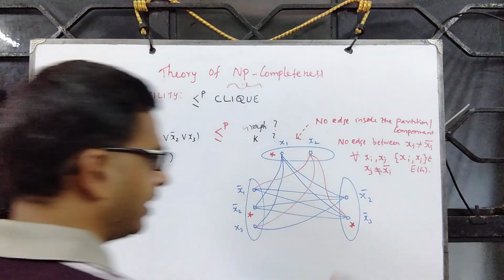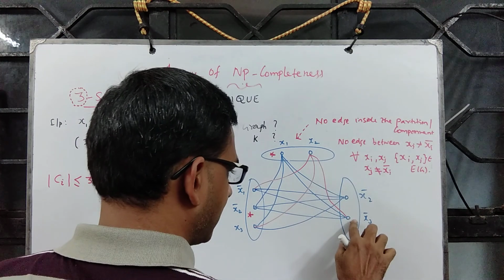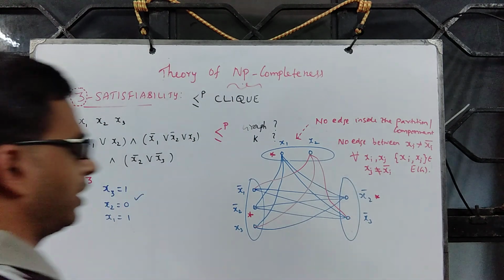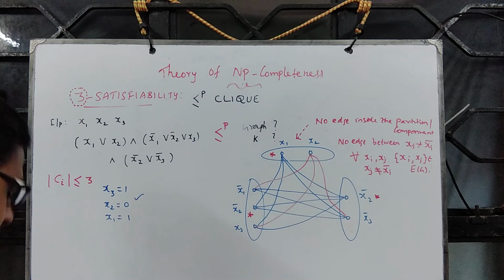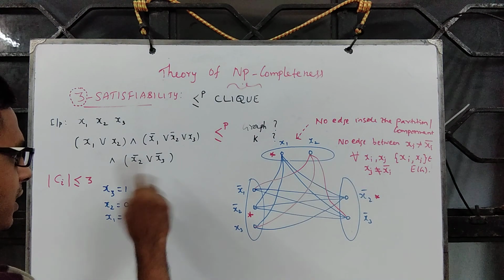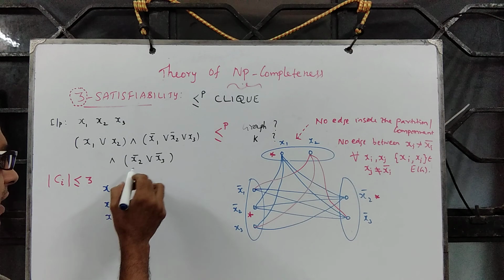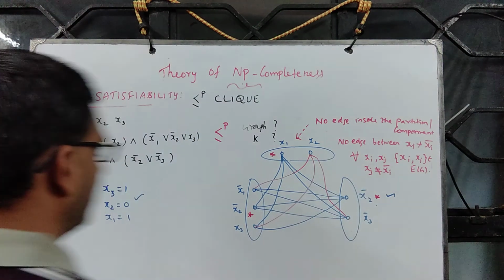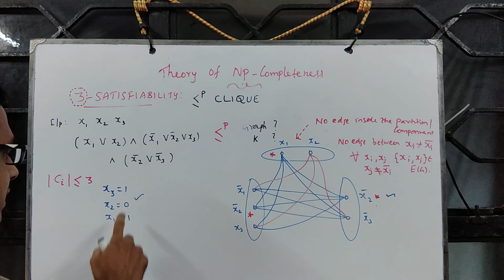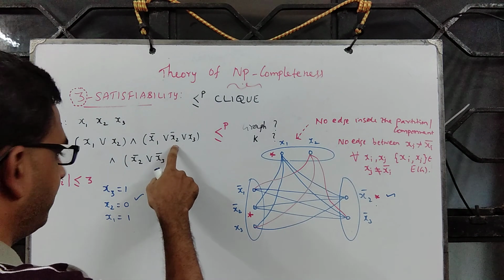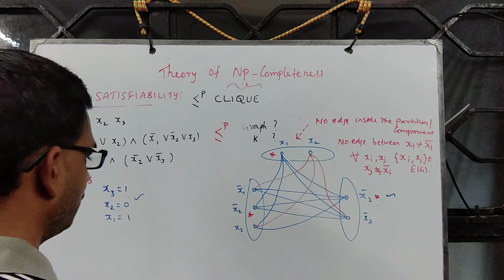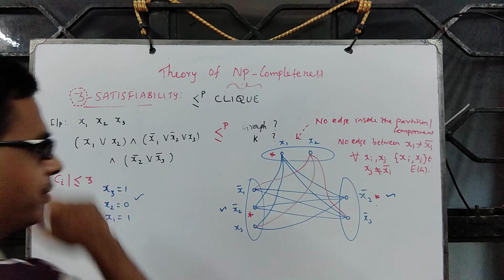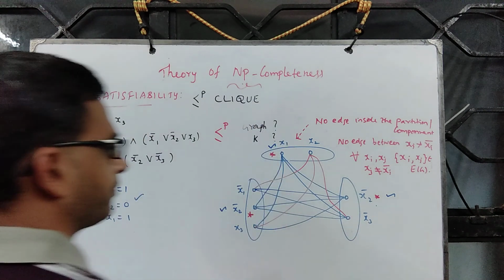Over here x2 bar is set to this. Now the idea is this. So this one is true because of x2 bar, and this one is set to true because of x2 bar, and this one is set to true because of x1.